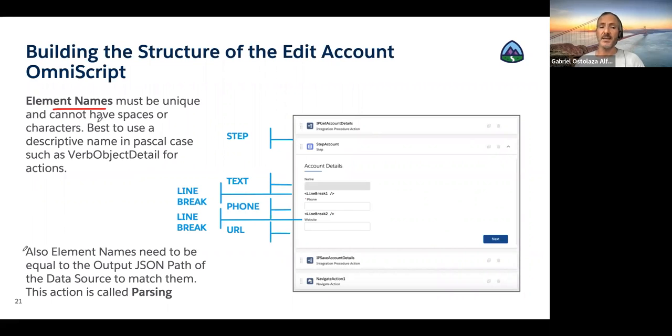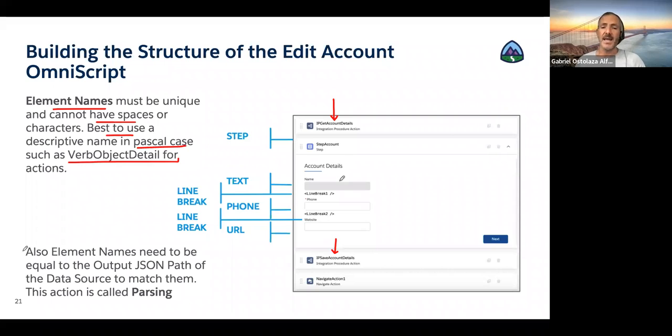They must be unique and they cannot have spaces, okay, or strange characters. Best practice, at least for actions, is to use Pascal case and verb object detail. For example, the integration procedure for getting data is called IP get account details. The one for saving is called IP save account details.